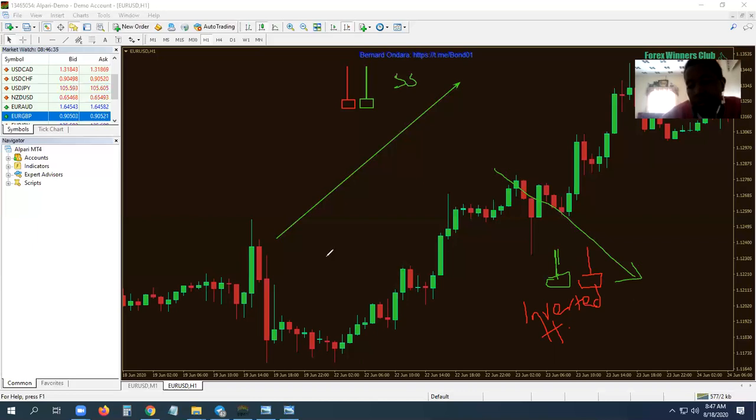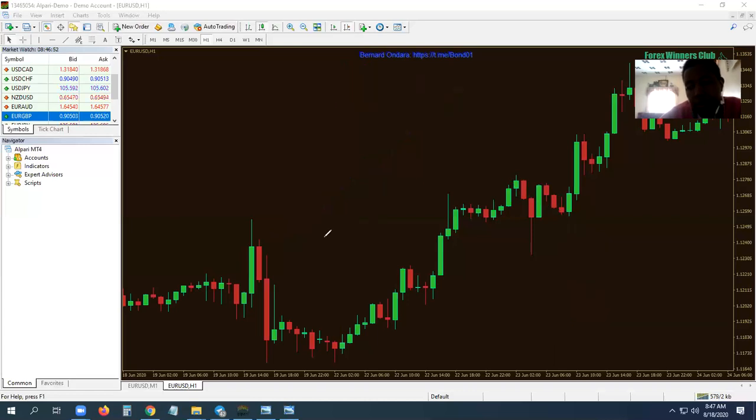Now remember, a hammer looks like this. So an inverted hammer would be the exact opposite. The wick now is at the top. So this is an inverted hammer. Now, in other words, when the market is trending up like this, and you find this, it's a shooting star.